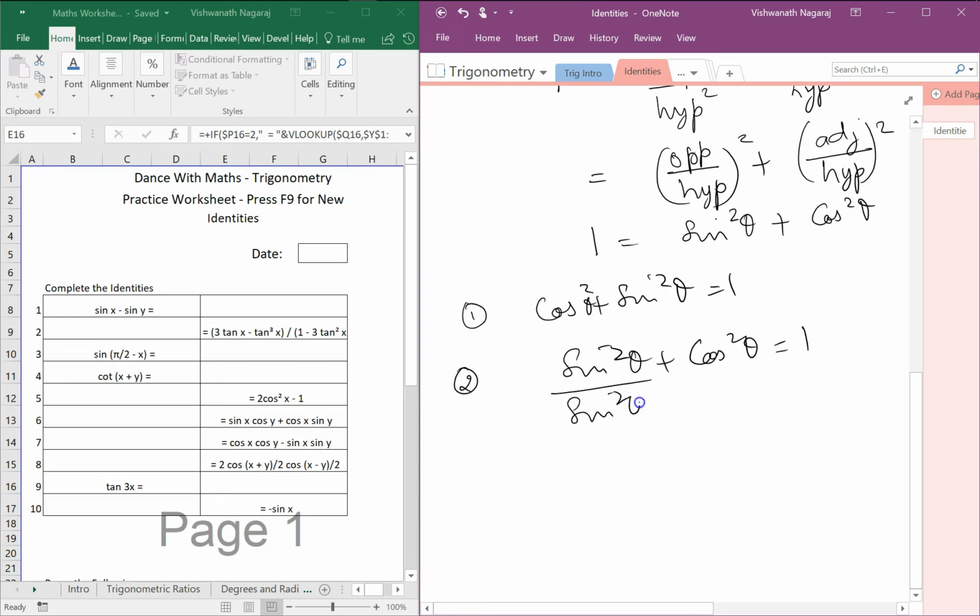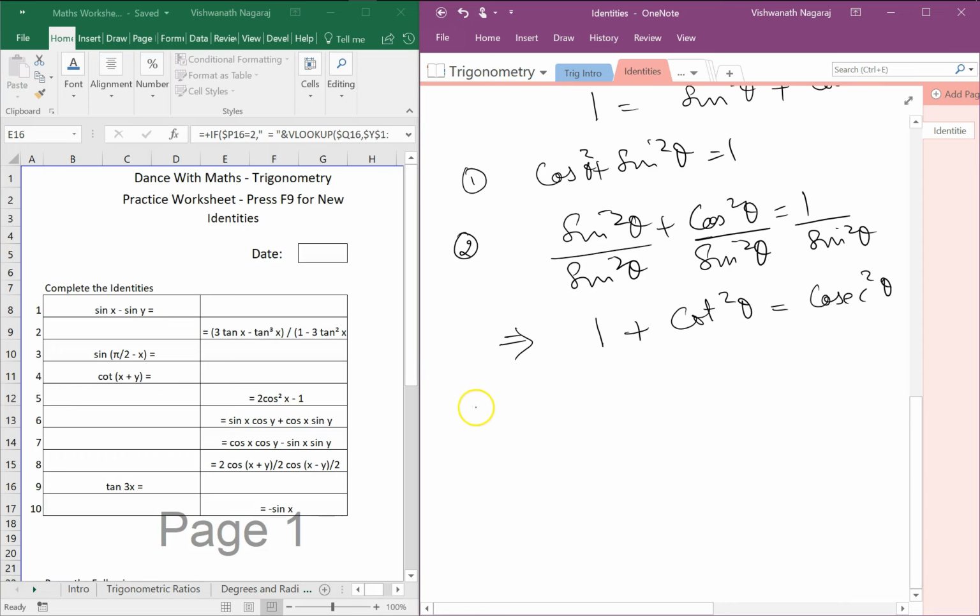This gives you 1 plus cos square theta by sin square theta. Remember, cos theta by sin theta is cot theta. And on the right, 1 by sin square theta is cosec square theta.